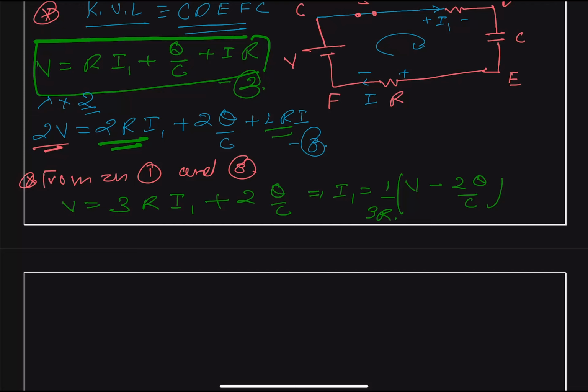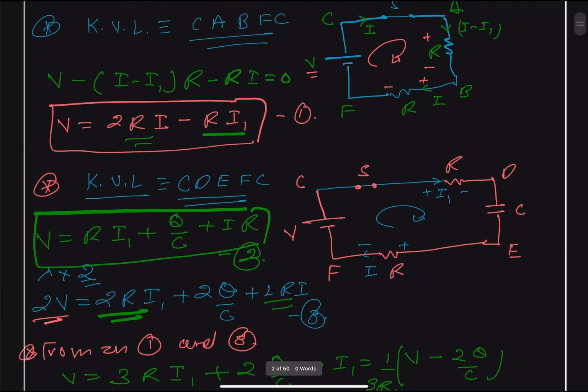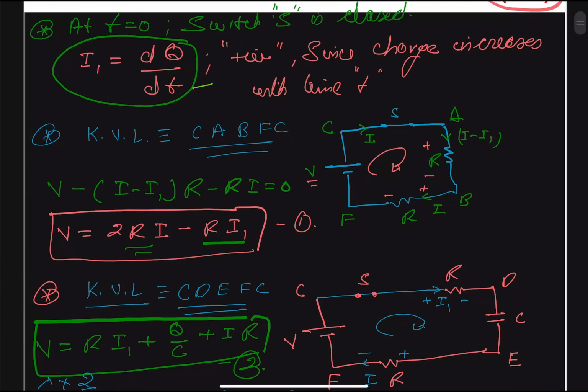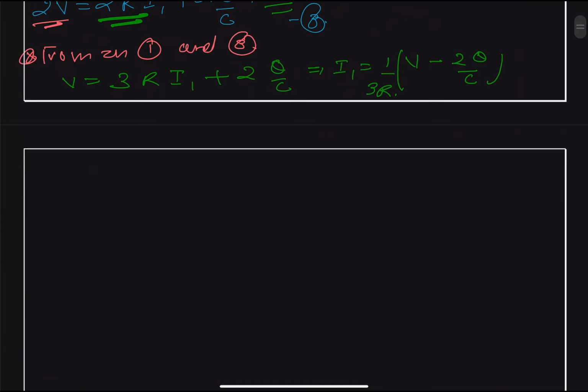Now we can use the equation that I1 is equal to the derivative of the charge. You can say I1 is equal to dq by dt. So we substitute the I1, and we get 1 upon 3R times V minus 2q upon C. Now we can just use variable separable.